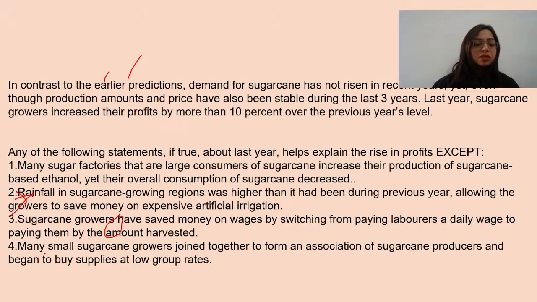So small sugarcane growers joined their hands to form an association. This is again very out of scope.